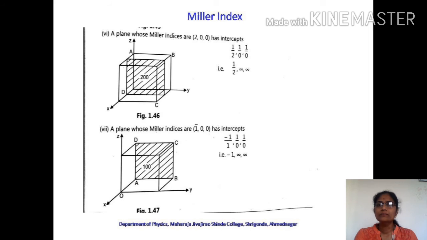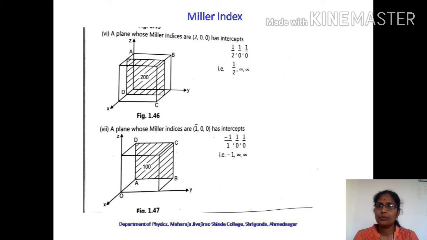Then next is a plane whose Miller indices are 2, 0, 0. It means that the plane is going to cut the x-axis at a upon 2. Then for the y and z axis it will not have any cut. So take the reciprocal: 1 upon 2 along the x-axis, 1 upon 0 along the y-axis and 1 upon 0 along the z-axis.